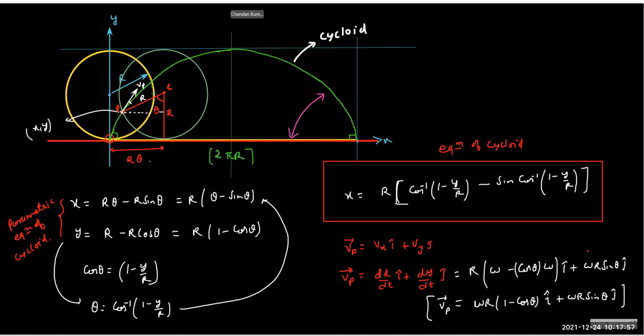Every point will have a unique circle. So this point will have its own circle. This will have its own circle. I don't know what the circle is, but each will have a different circle. So the topmost point will have the biggest circle because it's the flattest part, as you can see. And as you come towards the bottom, it will have a smaller circle.